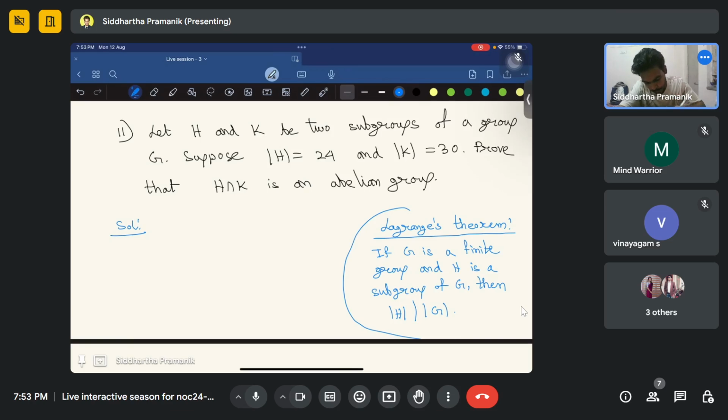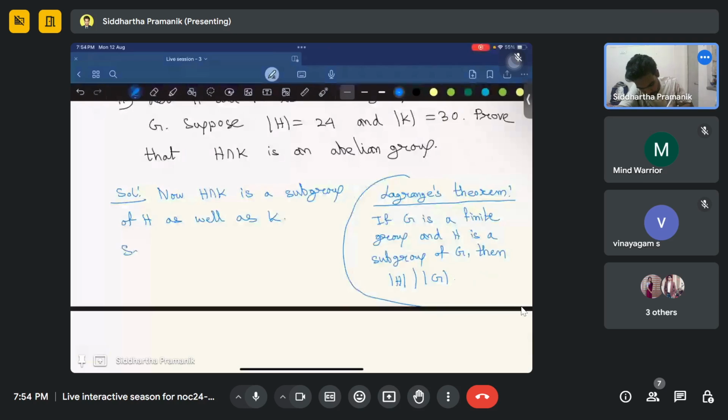Now see, H intersection K is a subset of H as well as a subset of K. So it is a subgroup of H as well as K. Okay.